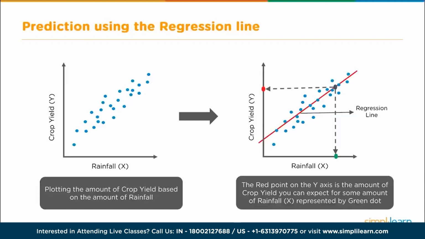And then we look at that, we put the red point on the y-axis is the amount of crop yield you can expect for the amount of rainfall, represented by the green dot. So if we have an idea what the rainfall is for this year and what's going on, then we can guess how good our crops are going to be. And we've created a nice line right through the middle to give us a nice mathematical formula. Let's take a look and see what the math looks like behind this.